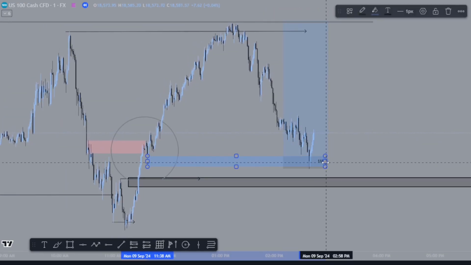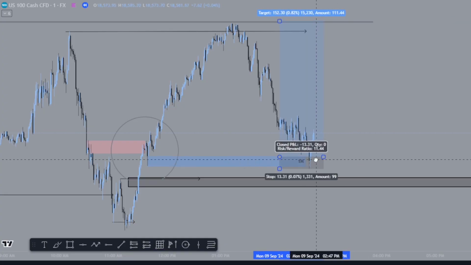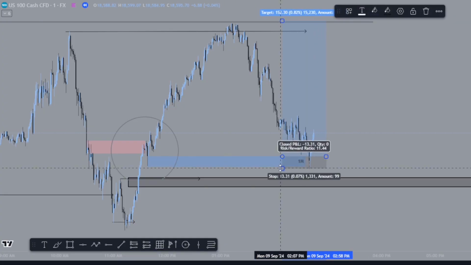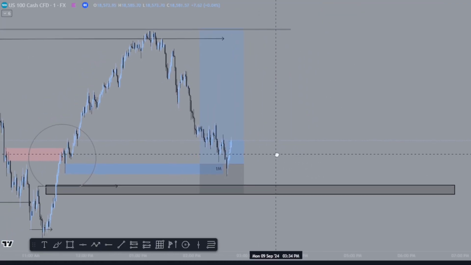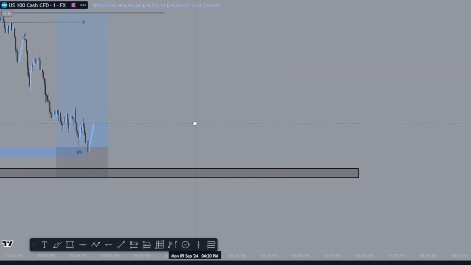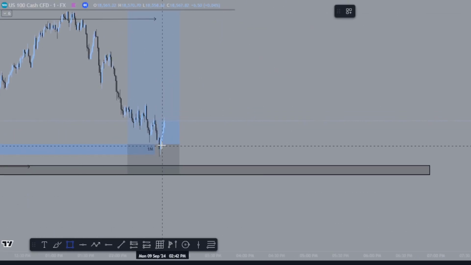Unfortunately, it's sweeping it. Naturally, I look at it as, okay, now if it sweeps that first one, maybe I should have had my stop loss below the fair value gap for that very reason, right? But there's nothing wrong with that.